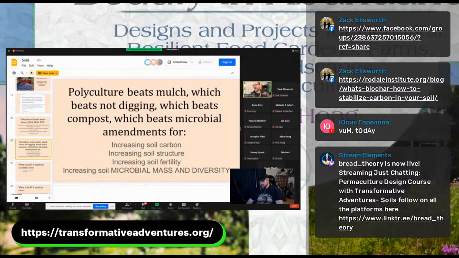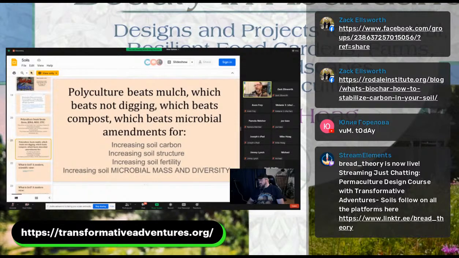Here's an interesting thing. According to these studies, mulch is still pretty good, but polyculture alone beats mulching in the garden. And mulching beats no dig, which is also pretty good. And mulch and no dig beat adding compost.